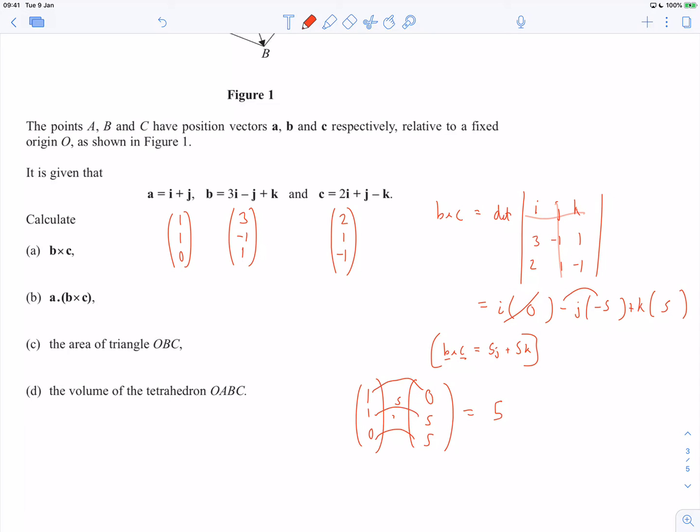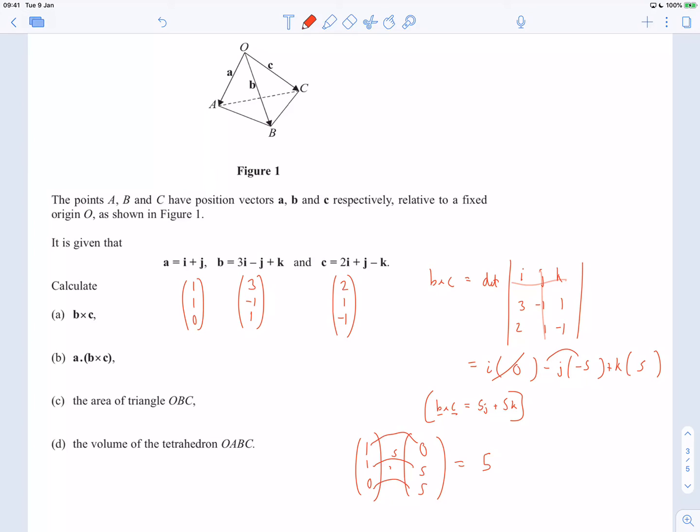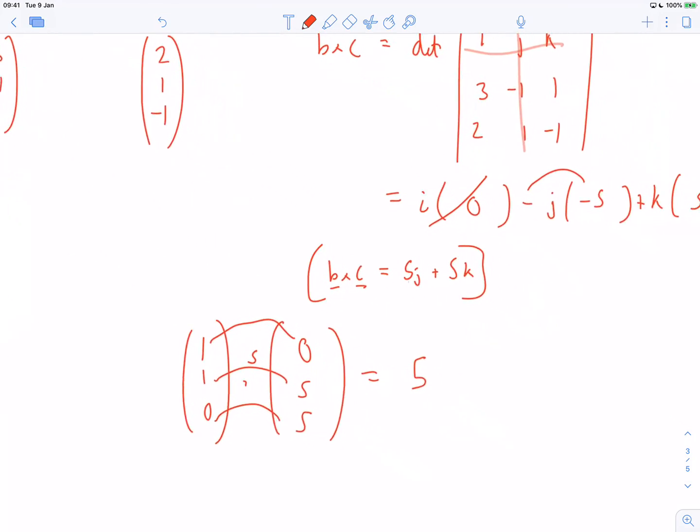Part c, find the area of the triangle OBC. Well, that's quite easy, because if I've got a parallelogram where that's b and that's c, then the triangle OBC is just half the parallelogram. So when I did the cross product, I got 5j plus 5k.